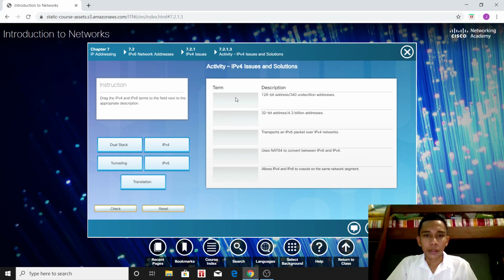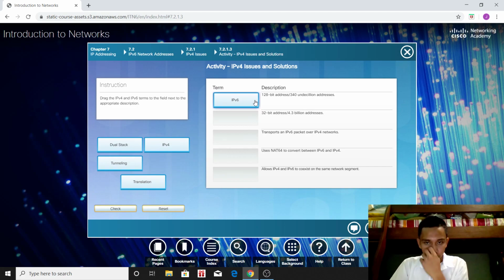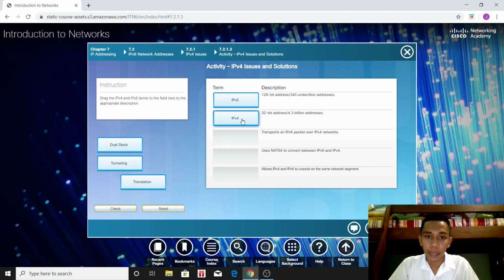So the first is 128-bit address or 340 undecillion addresses is IPv6. Then 32-bit address or 4.3 billion addresses is IPv4. IPv6 is always bigger than IPv4.